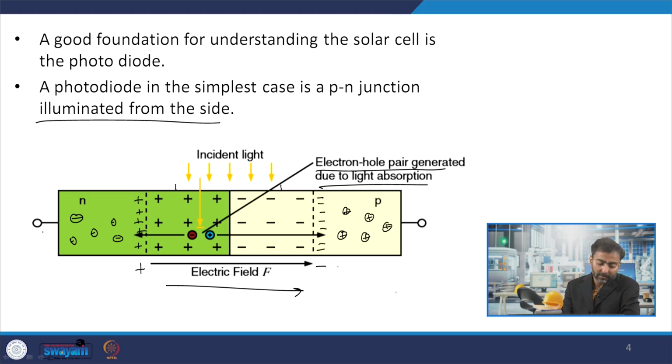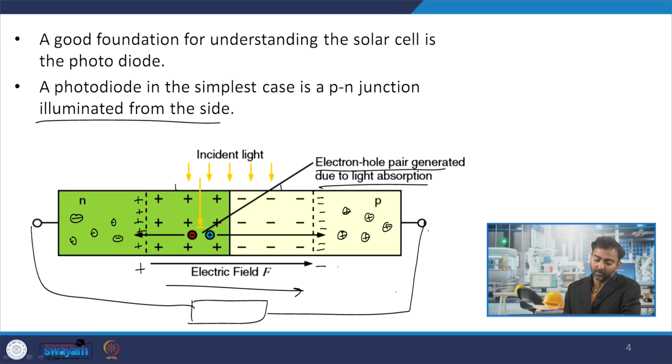Now, as I mentioned earlier, we connect the two ends of the photodiode with some external load. Electrons will move out of the n type, go through the load and enter the p type, or alternatively holes will move from p to n. So basically the current direction would be from p side to n side. Okay, so that is the operation of a photodiode.